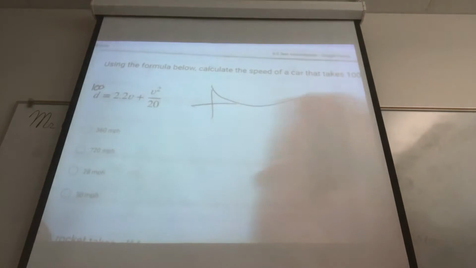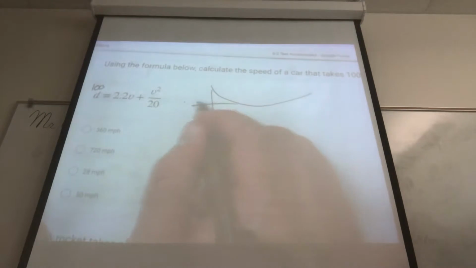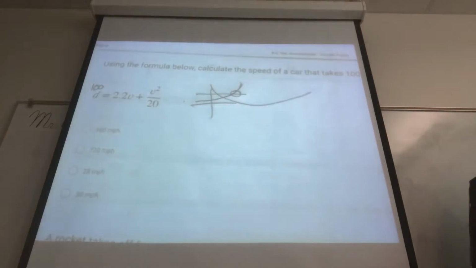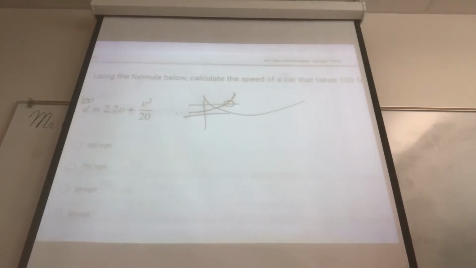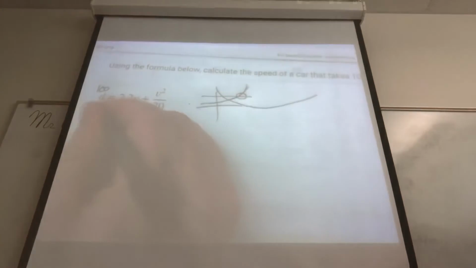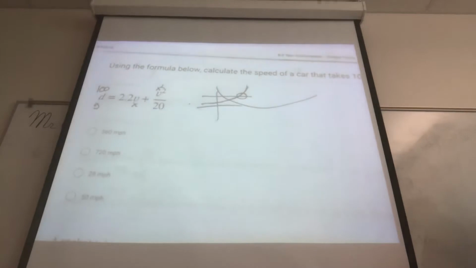It kind of goes like this and then back up. So if it takes 100 feet to stop, actually be kind of curving up like this, you would find where it crosses 100. So if you need help getting to that on the graphing calculator, we can help you out. Remember, this would be y, this would be x, and this would be x² when you type those in so that you can get it graphed.